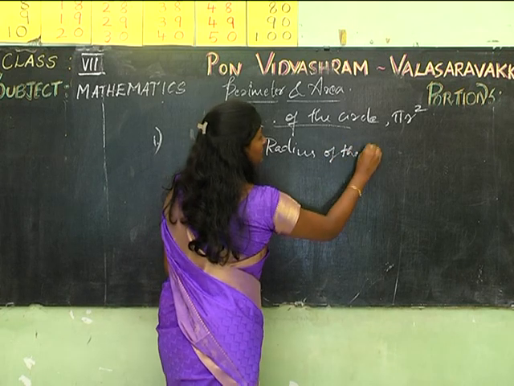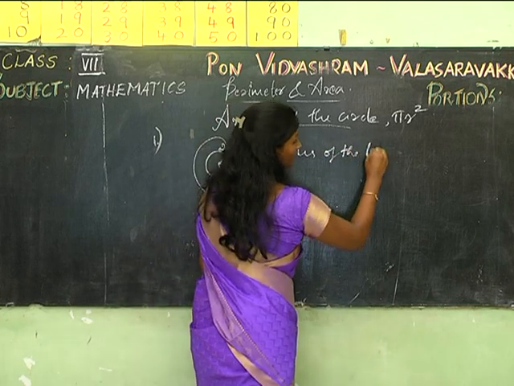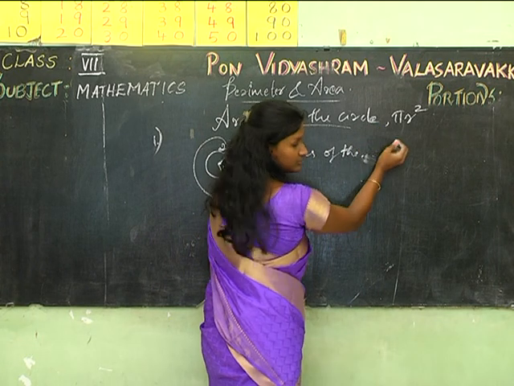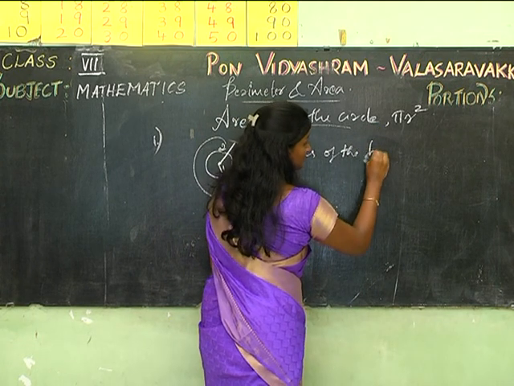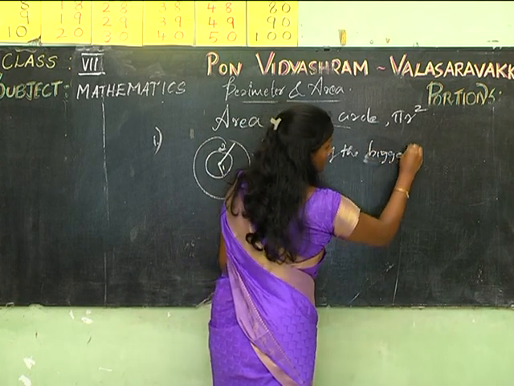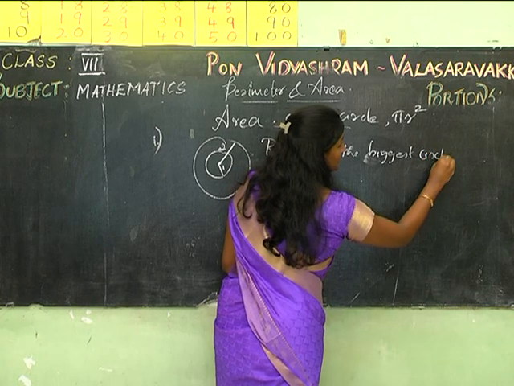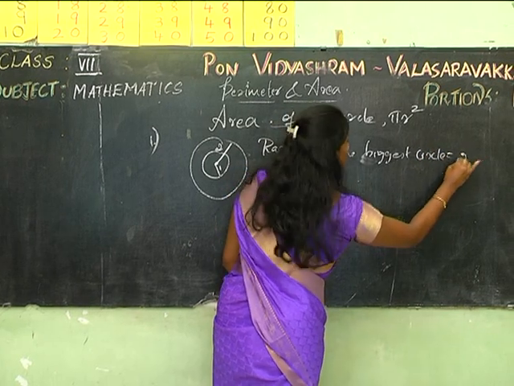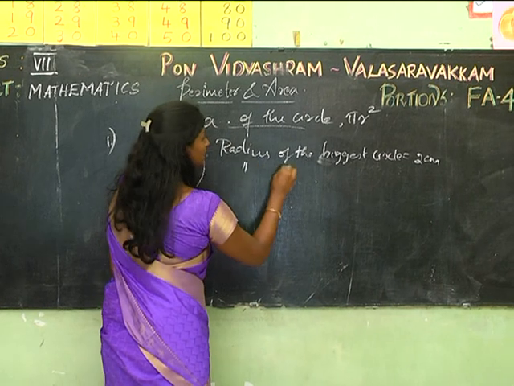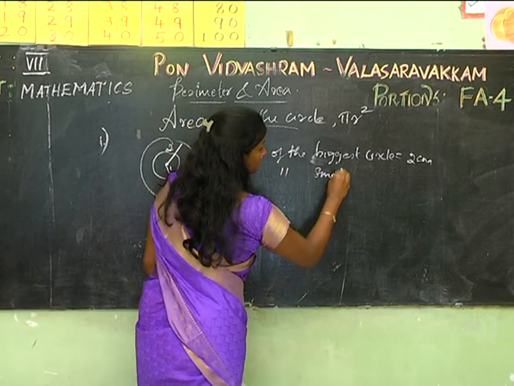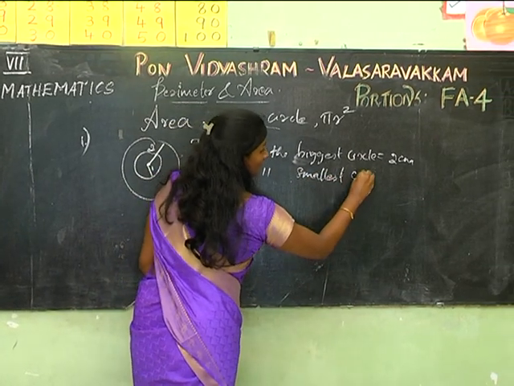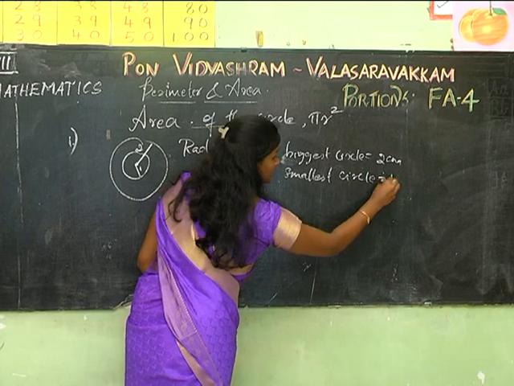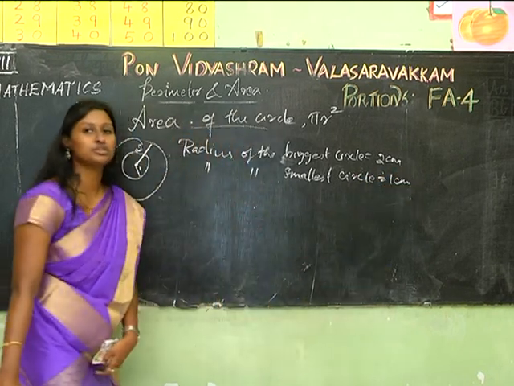Therefore, the radius of the biggest circle is given as 2 centimeters, and the radius of the smallest circle is given as 1 centimeter. So what are we supposed to find here?